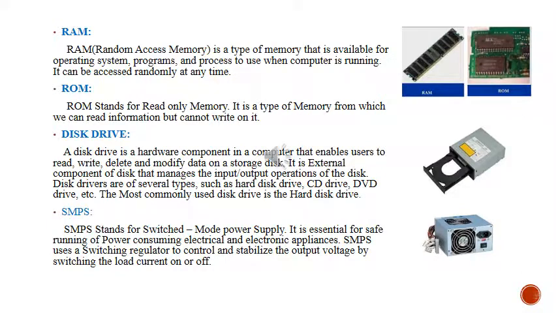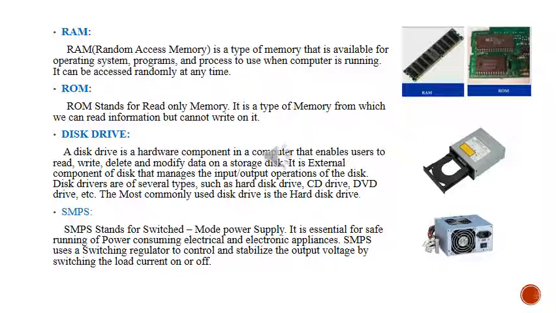RAM. RAM full form is Random Access Memory. It is a type of memory that is available for operating systems when the computer is running. Whatever information we enter in the computer goes into the RAM and remains there until the machine is working.